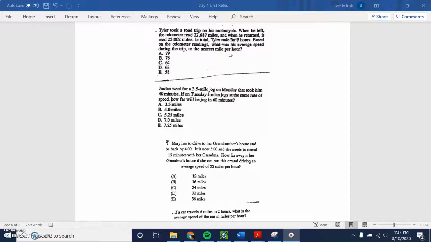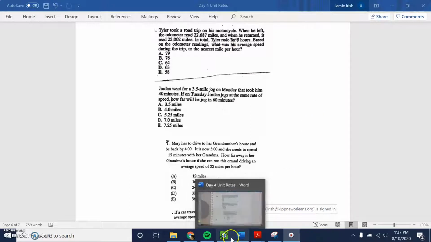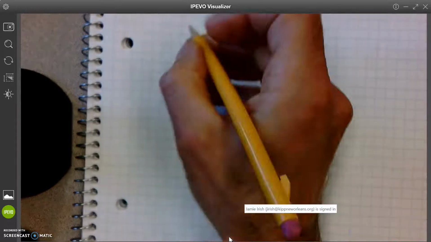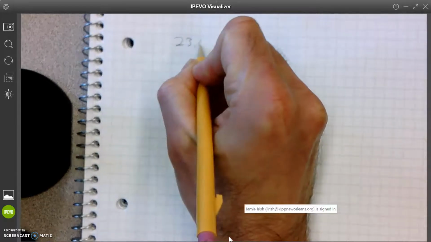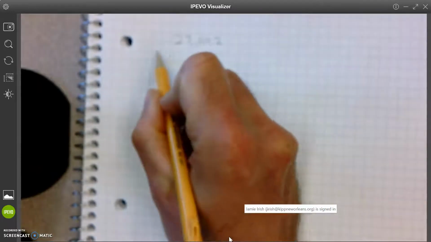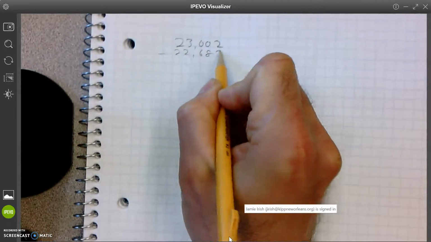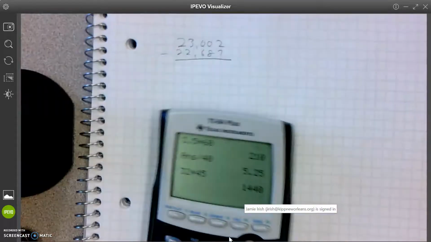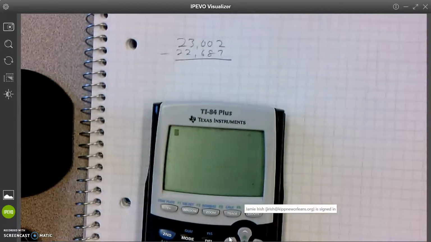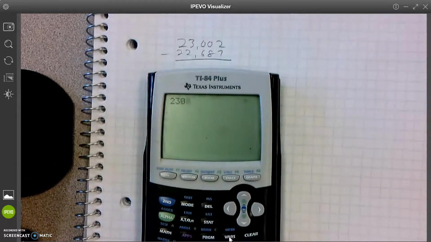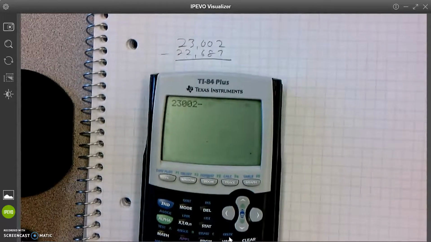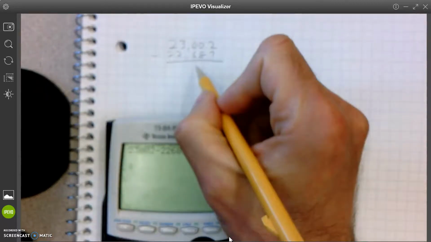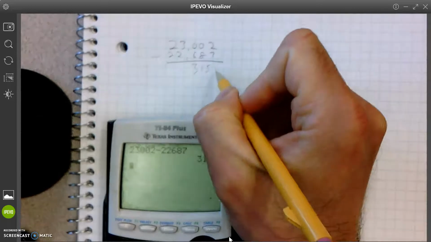Okay. So first things first. Let's go to our notebook. So the odometer read that when he stopped. And then this is when it started. So I need to subtract these. So calculator, 23,002 minus 22,687. So he went 315 miles for his trip.